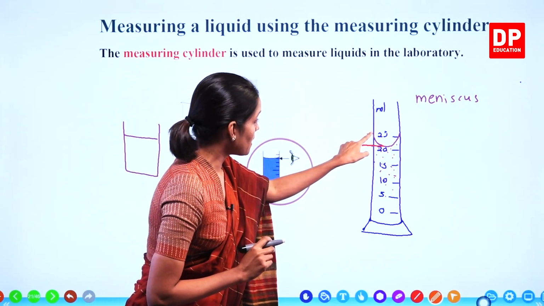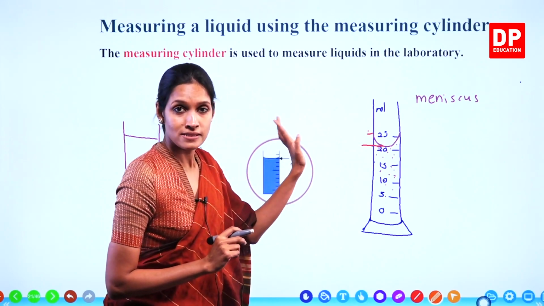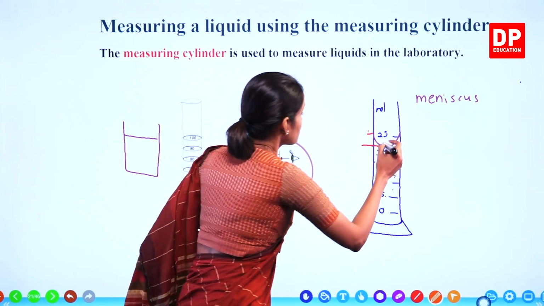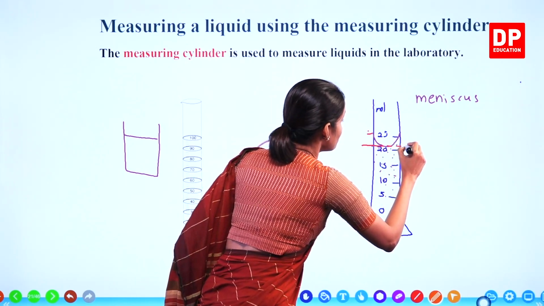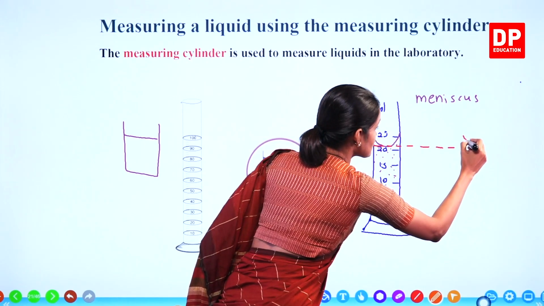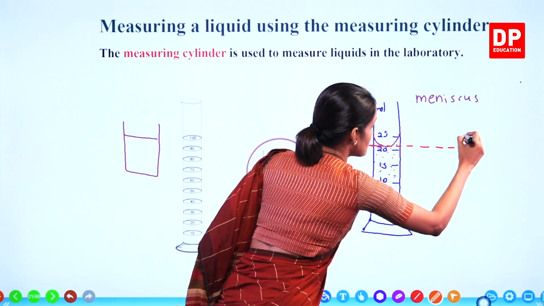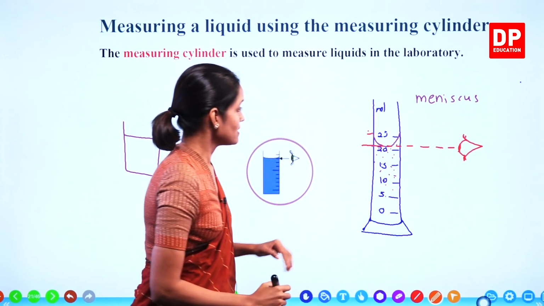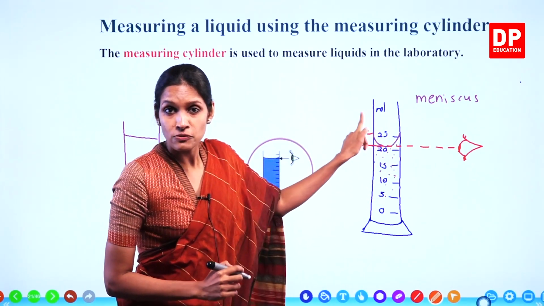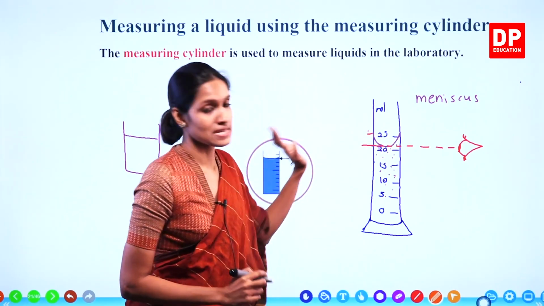This is the upper part, this is the lower part. Understand, children? Remember, you have to keep your eye level with the lower curved part of the meniscus. Right, children? The eye should be level with the lower curved part of the meniscus.